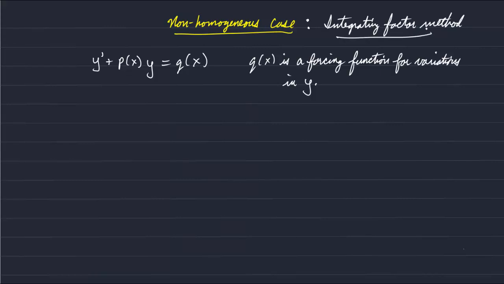The integrating factor method. Okay, so there are 3 points that you need to remember when using this method. The first is you're going to multiply the equation by a yet to be determined function of x.